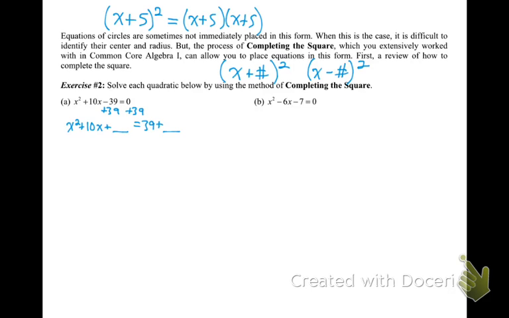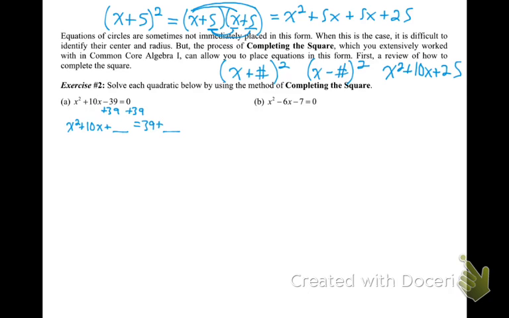Applying the FOIL method, which I prefer not to use, but distribution method is probably a better way to say it, I'm going to distribute that first x to both the x and the 5 of the second term, so x squared plus 5x. And I'm going to distribute that second 5 to the x plus 5, so that gives me another 5x plus another 25. Combining like terms, we get a trinomial that is x squared plus 10x plus 25.